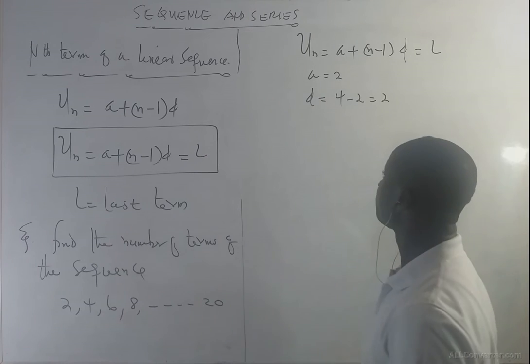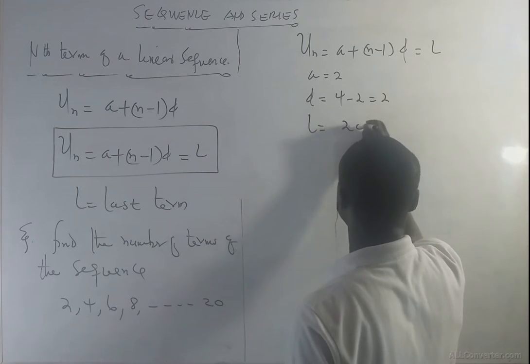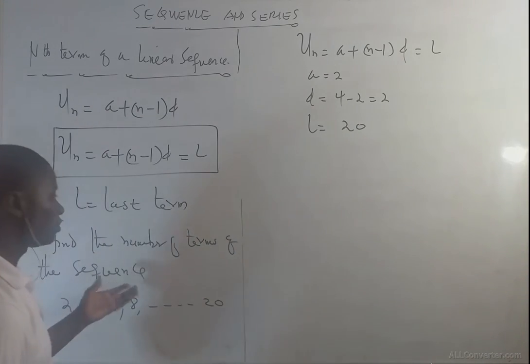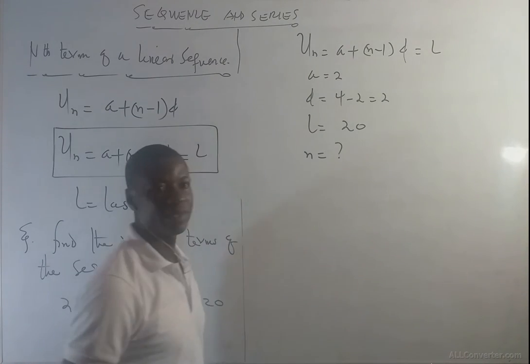And you can see now we are also given the last term to be 20. The last term is 20. And we have to find the number of terms of this sequence. So the n is now our question mark.